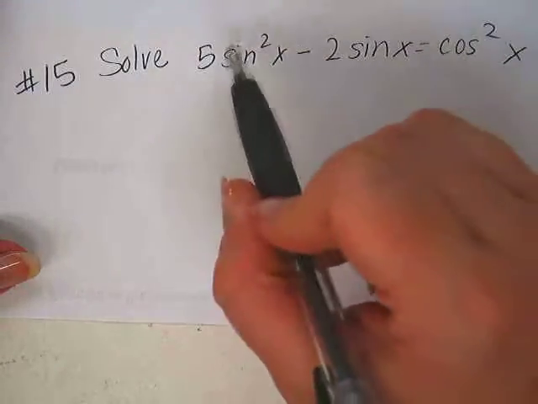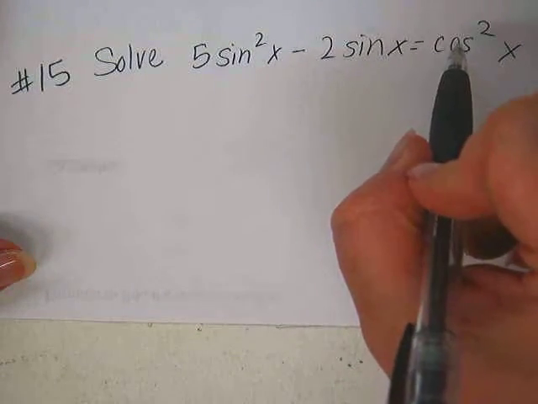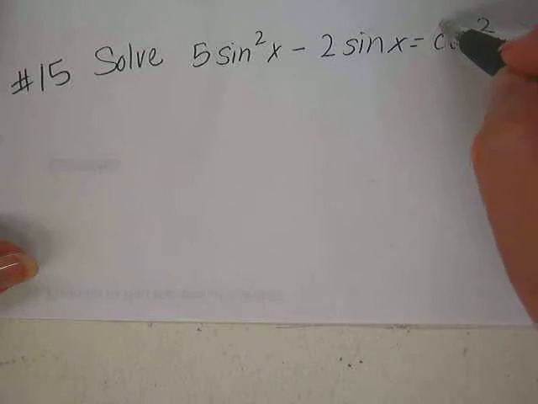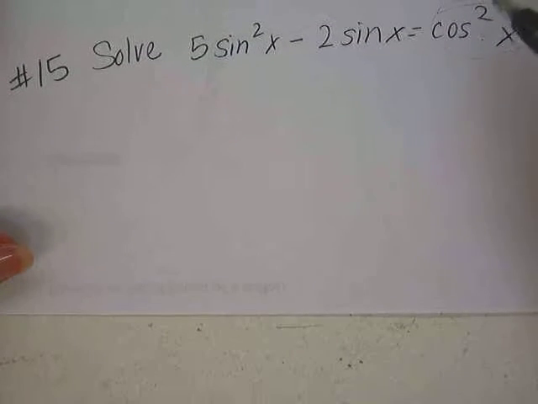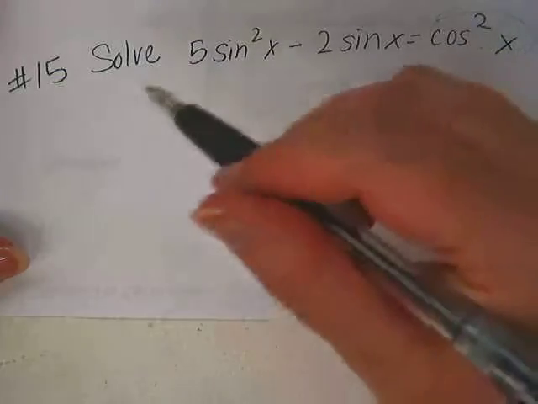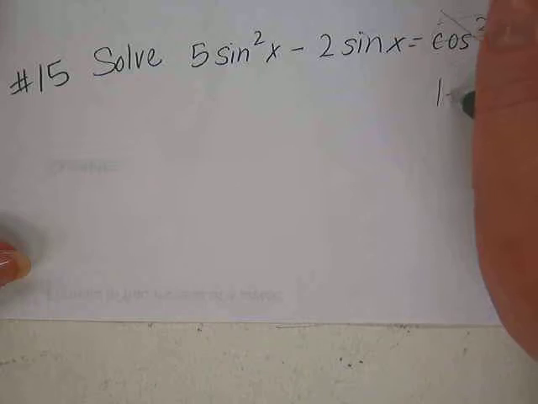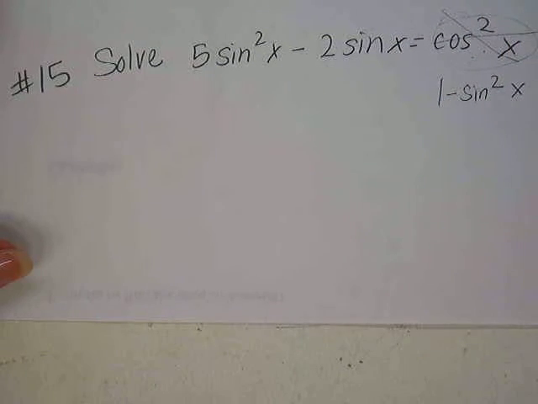Okay, so this one, all I've got so far is sines on this side, but a little cosine on that side. It would be easier if we just had sines or cosines. And it's really easy to change a cosine squared to a sine squared. So let's change our cosine squared to a sine squared and move everything to the same side. I'm going to replace the cosine squared with 1 minus sine squared.